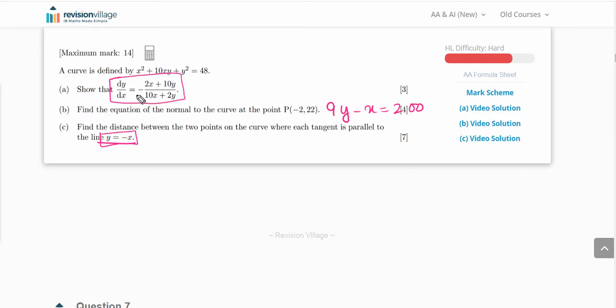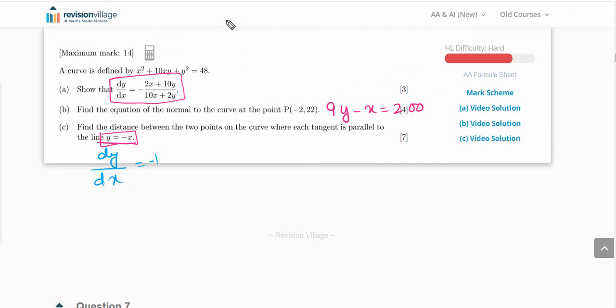This dy over dx equals negative 2x plus 10y over 10x plus 2y, and the derivative for this one will be equal to simply negative 1. So we will put this expression equal to negative 1 and work out the 2 values of x and y.